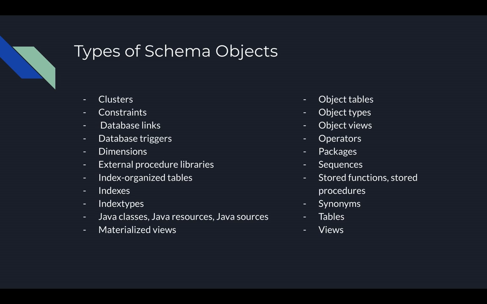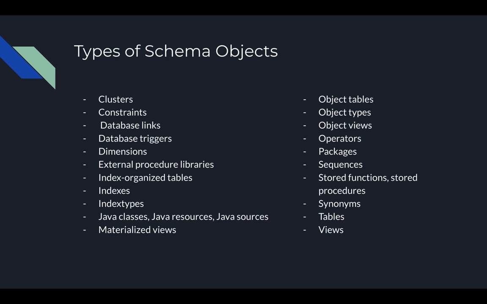So the types of schema objects are clusters, constraints, database links, database triggers, dimensions, external procedure libraries, index organized tables, indexes, index types, and Java classes, Java resources, and Java sources.